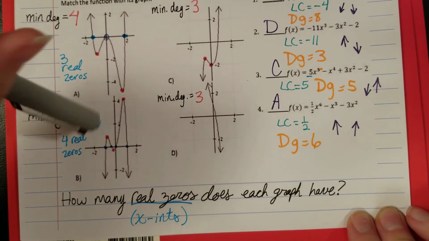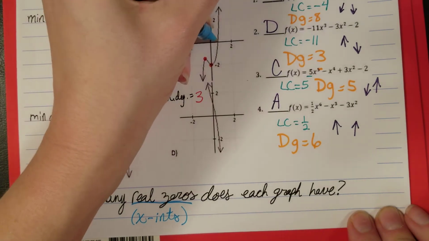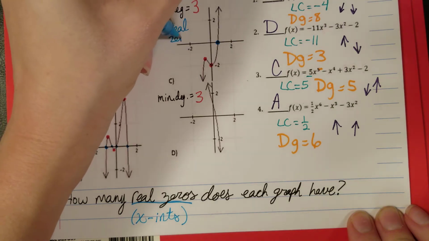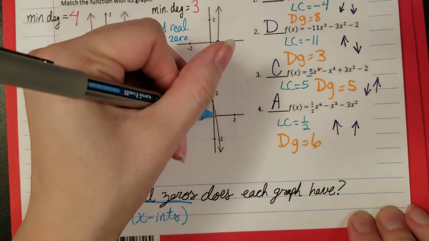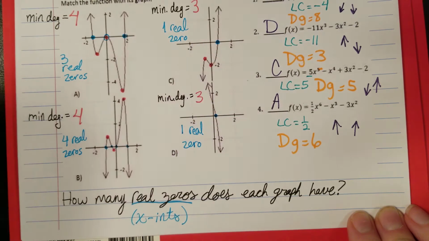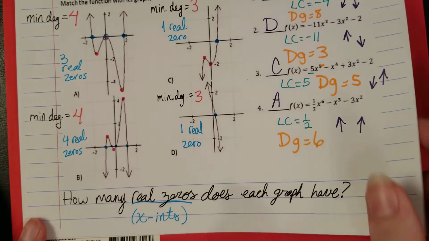Or it has to be greater than or equal to that. Graph C only has 1 real zero. And then graph D also has 1 real zero.